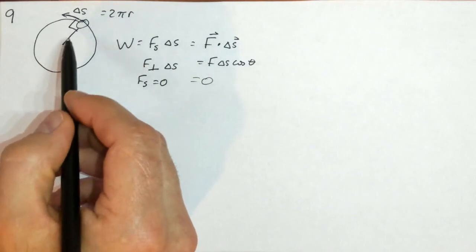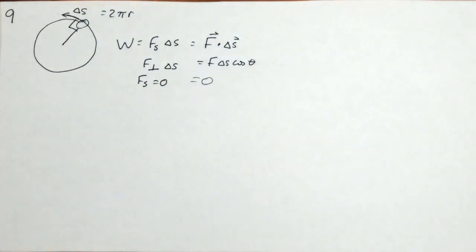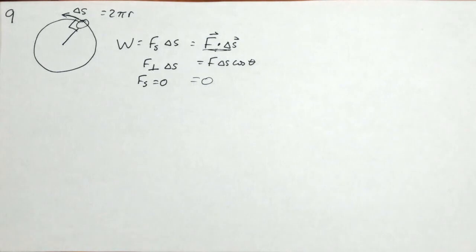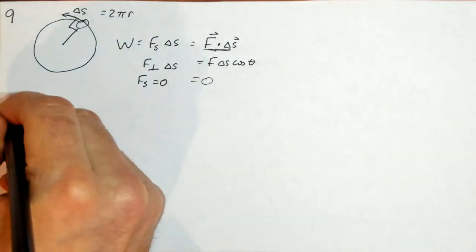Perpendicular forces can do no work. There is no work done by any forces that only cause a direction change, like all of our centripetal forces or forces that cause a centripetal acceleration. So we've emphasized the need for direction when dealing with work. Now take a look at 10.